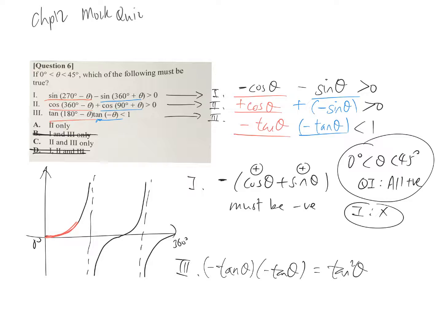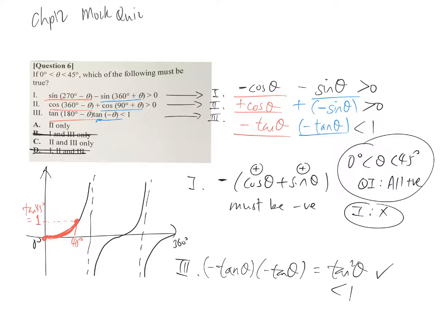Tangent 45 degree equals 1, so tangent theta is in between 0 and 1. When you square this decimal, 0 point something, it will be smaller than 1. So number 3 is correct.